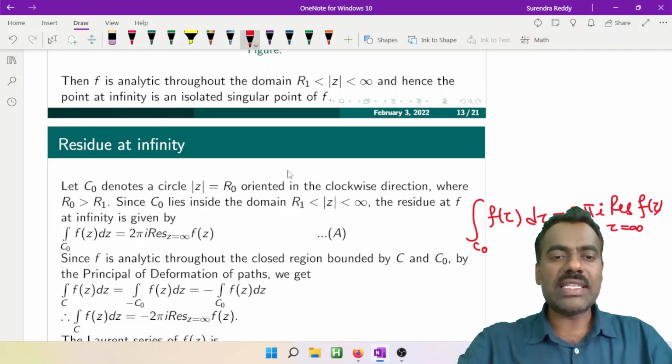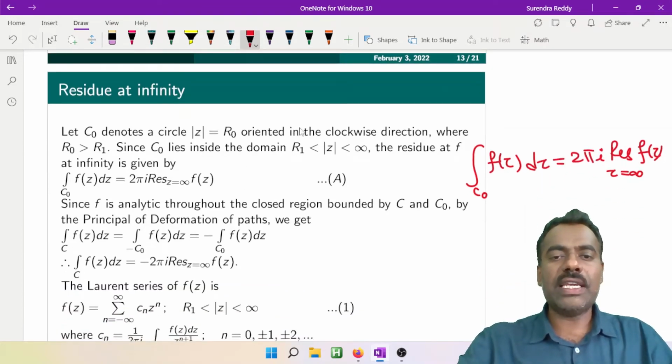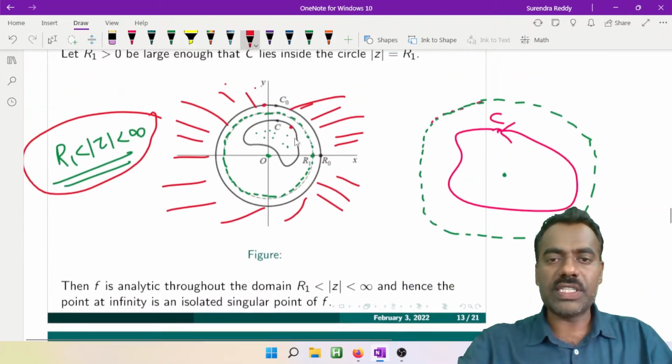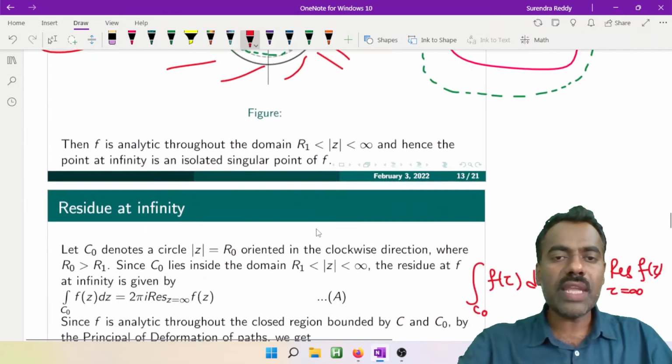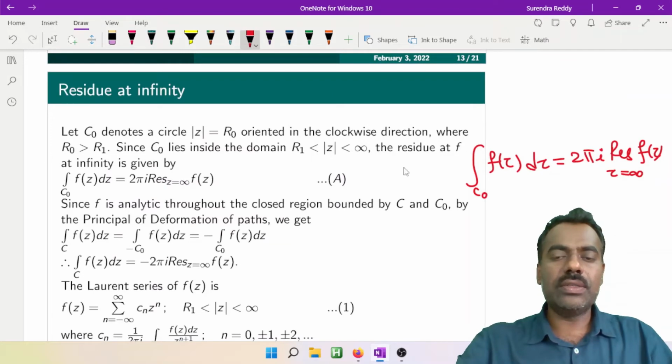Here our r is r naught. So if you take this r1, then in this annular region, the residue of f at infinity can be calculated using this C naught.